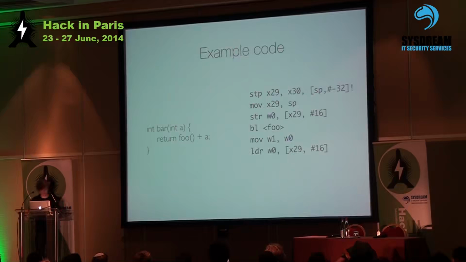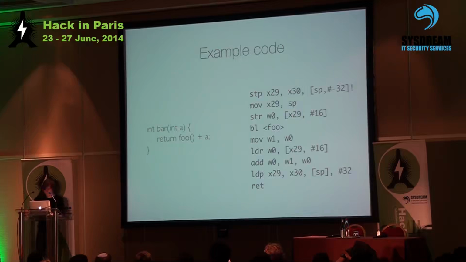We add them together and then just restore our frame pointer, our link register, and return. It's that easy. It's really a breeze to read because the amount of instructions you have to know is really low, and it's very, very comfortable to write and read ARM64 code.